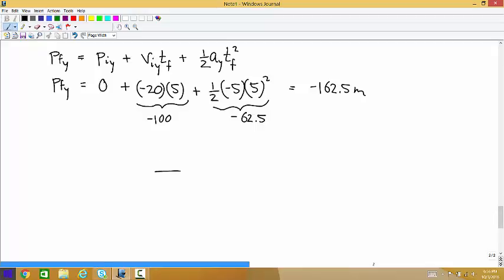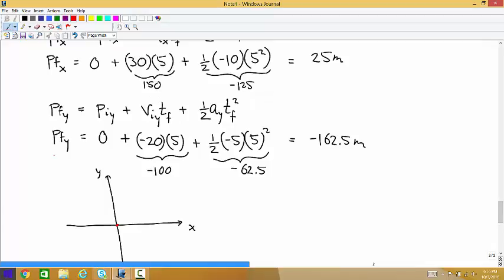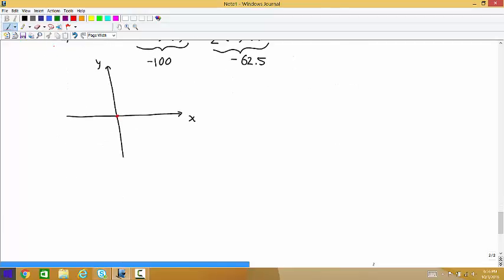What that means is just that the object started here, and after the 5 seconds, it ended up at positive 25, negative 162.5.